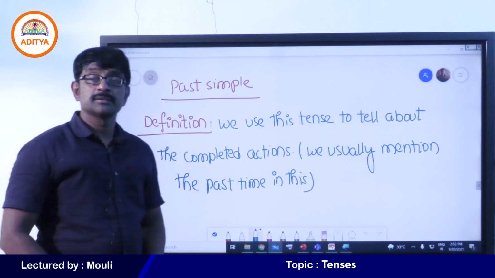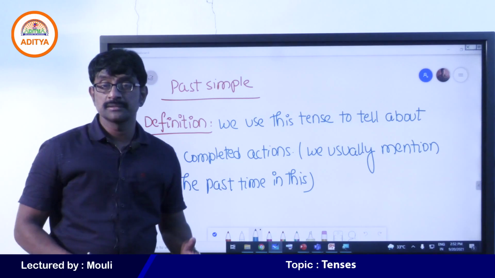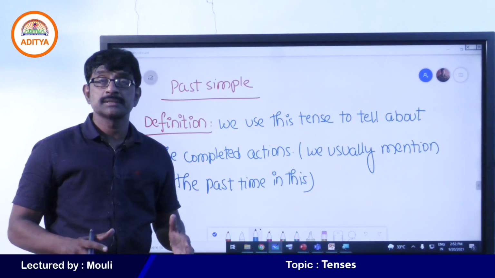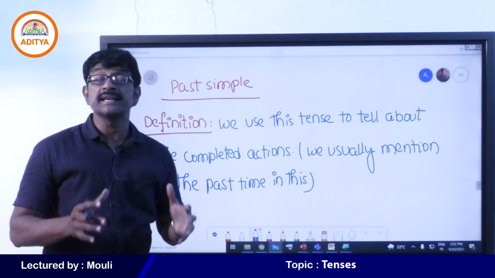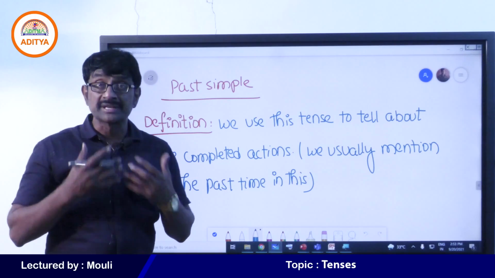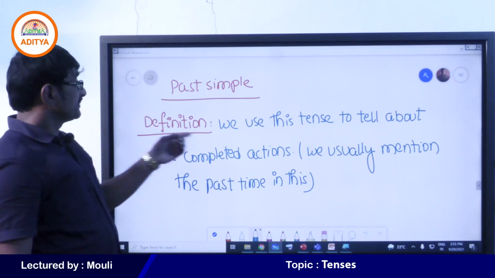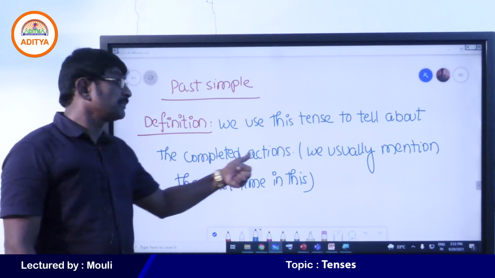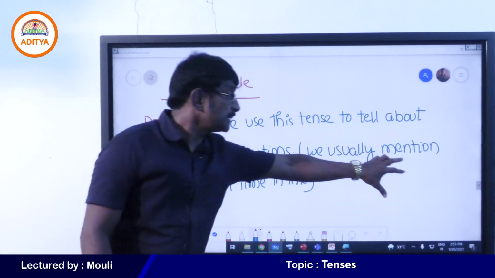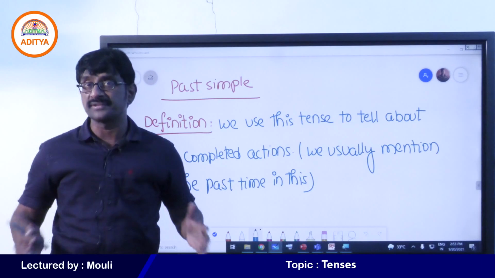If you write, we will check what verb will come in this and what objects are there that we can recognize. Definition: we use this tense to tell about the completed actions. We usually mention the past time in this. This is the definition, students.